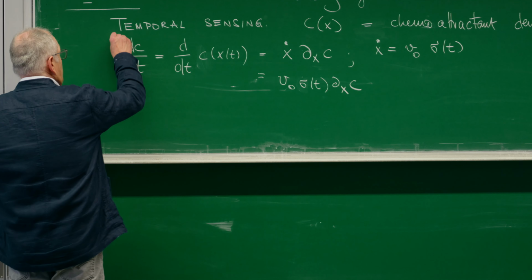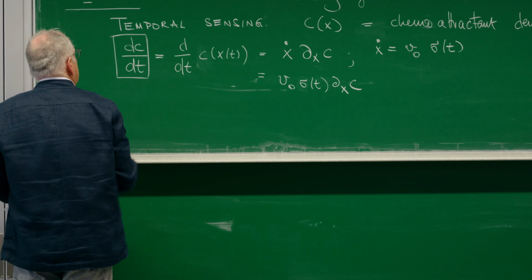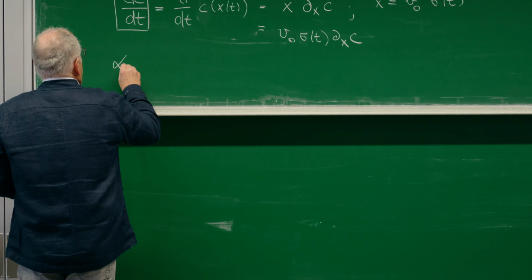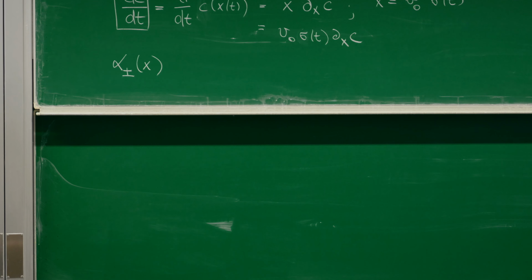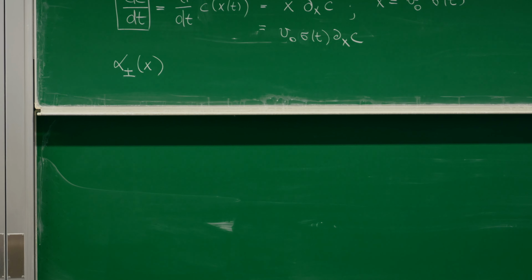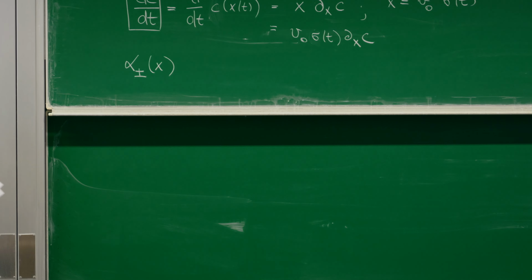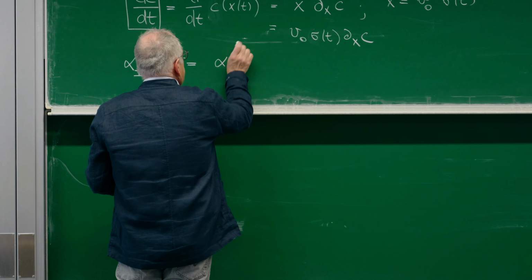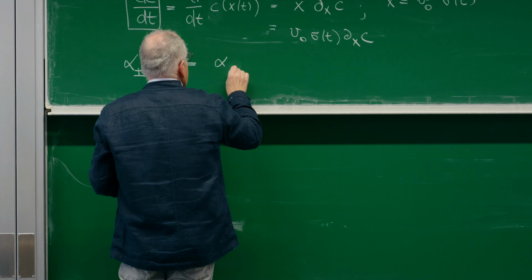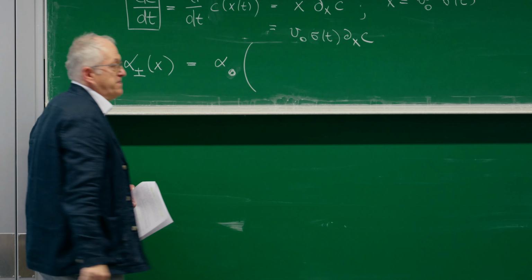So we assume now that it measures exactly this and write down expressions for the switching rate based on the knowledge in the field that this is a temporal sensing. So let us write this down. You have some kind of basal rate that I call alpha naught.